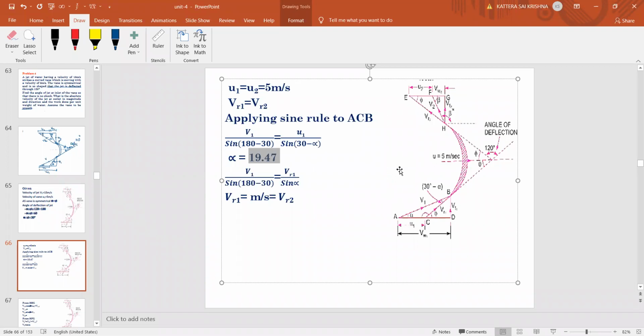VR1 is 9.9 meters per second. Anything else? 9.999. Means approximately can we take 10? 9.999, 10 meters per second. Okay.